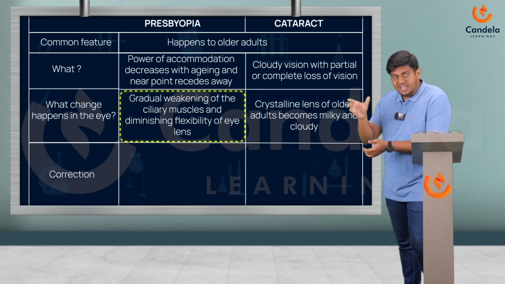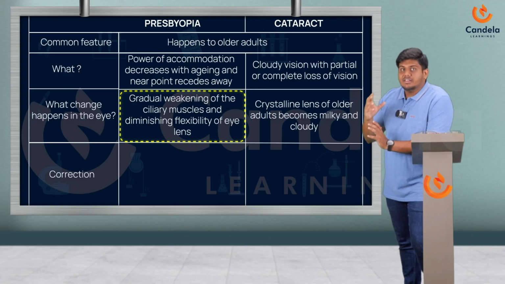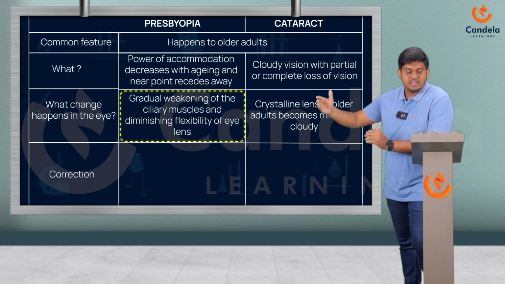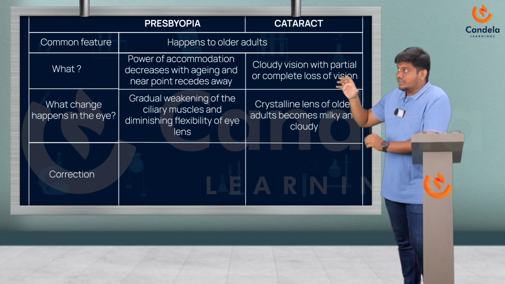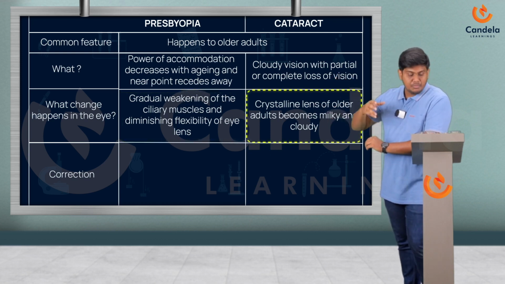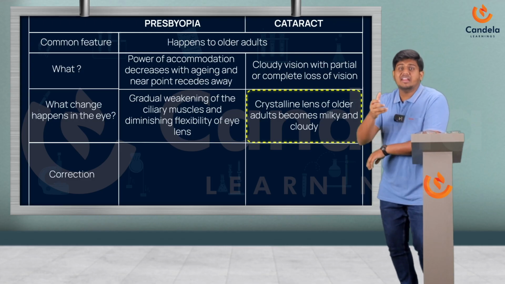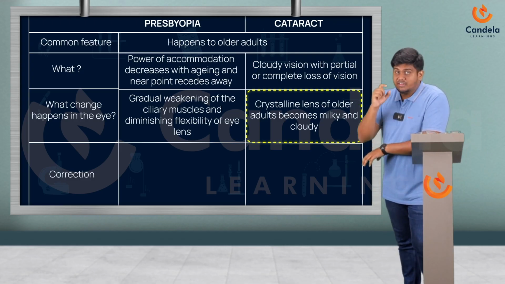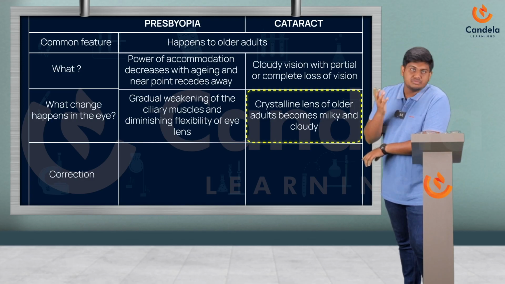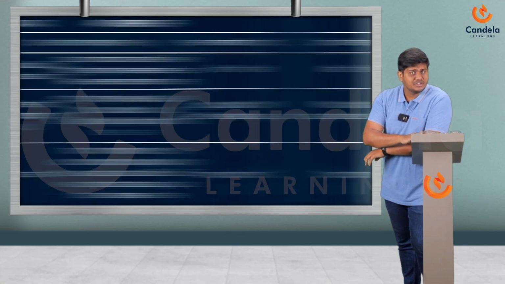The ciliary muscles weaken, and your power of accommodation is slowly receding. Whereas in cataract, the crystalline lens, as you become older, becomes milky and cloudy. And if you remember, crystalline lens is the lens that is inside our eye, and that becomes cloudy as we grow older.